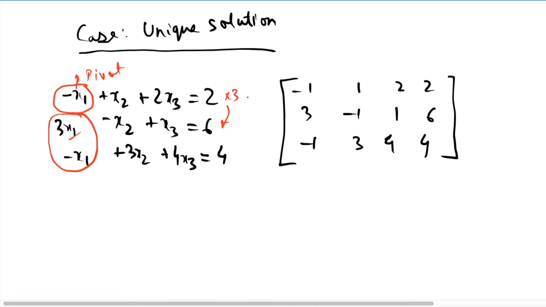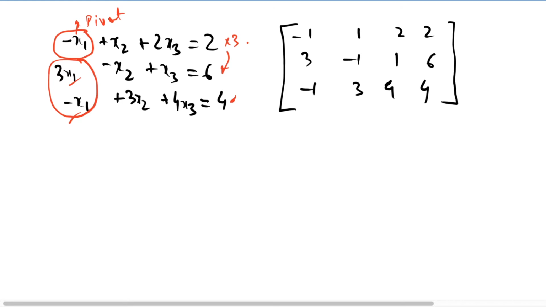And you can also subtract row 3 from row 1 to get rid of the x1 element here in row 3. If you do so, you will be left with a new linear system which will have the same solution as the previous linear system, and this will be minus x1 plus x2 plus 2x3 is equal to 2.